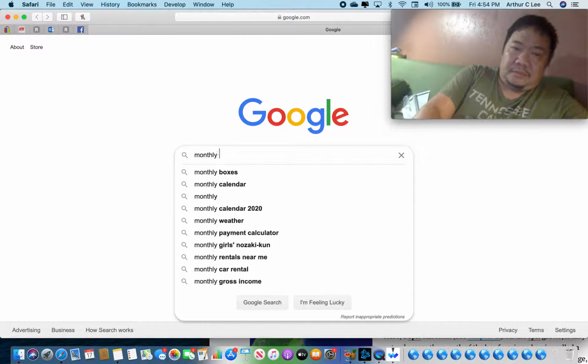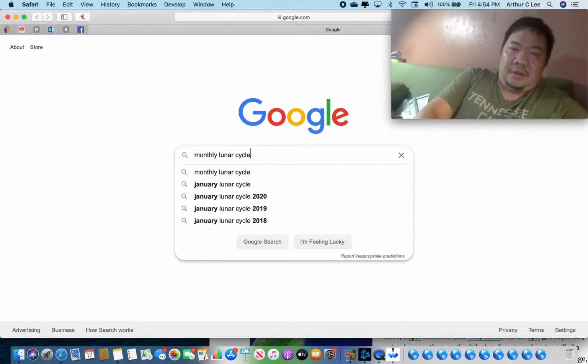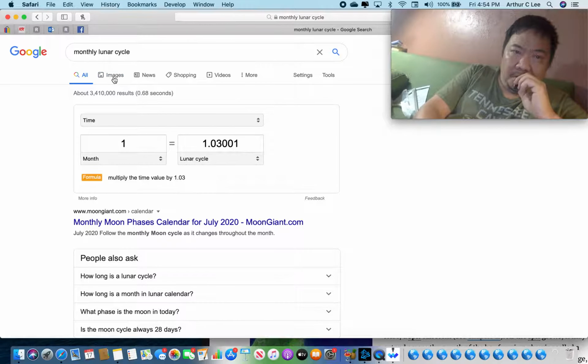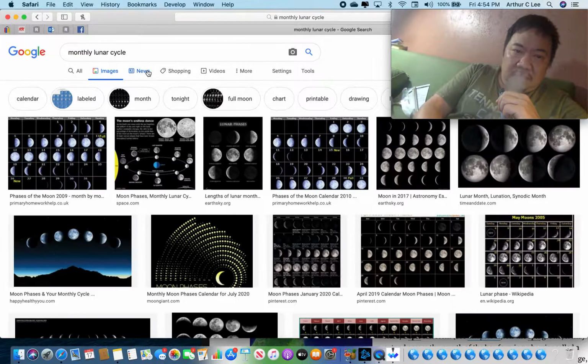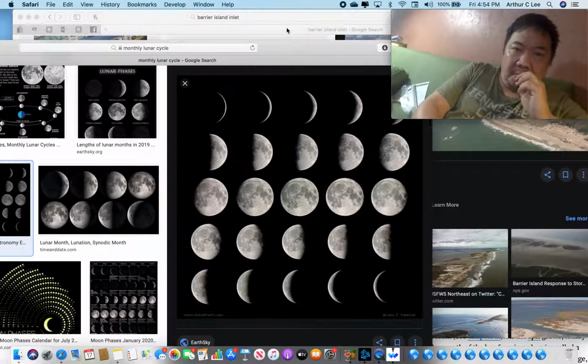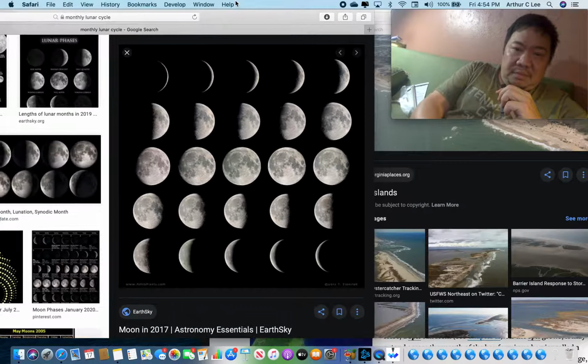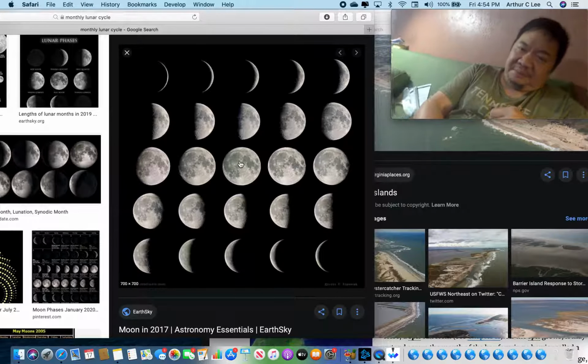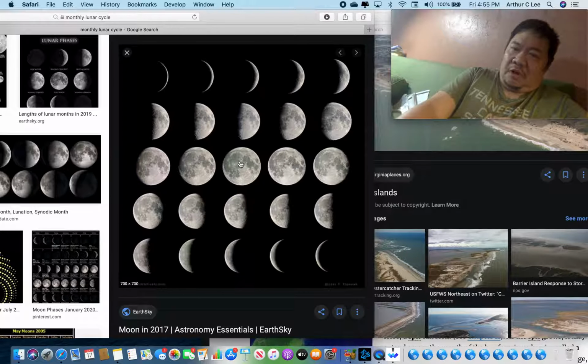So we're going to talk about the monthly lunar cycle. When the moon is completely visible in the night sky, we call that a full moon.